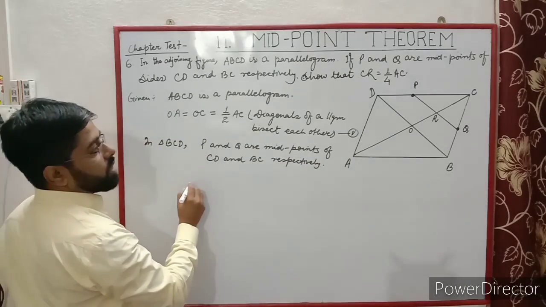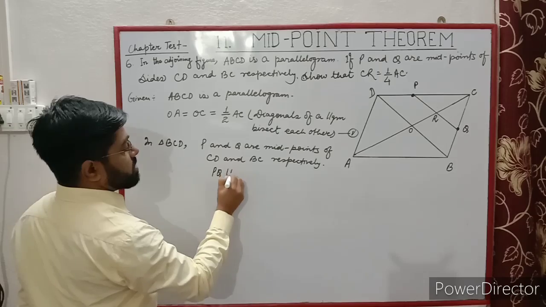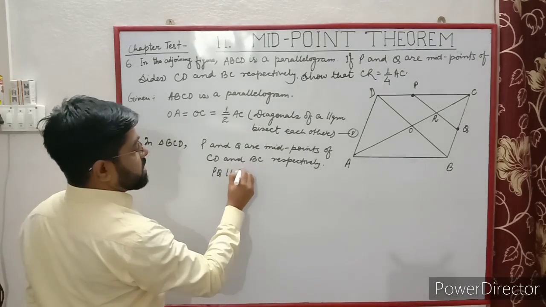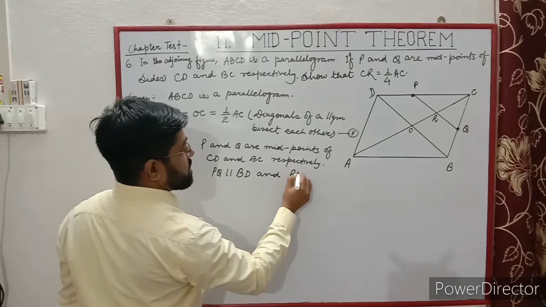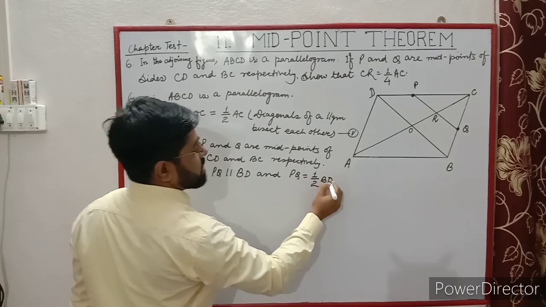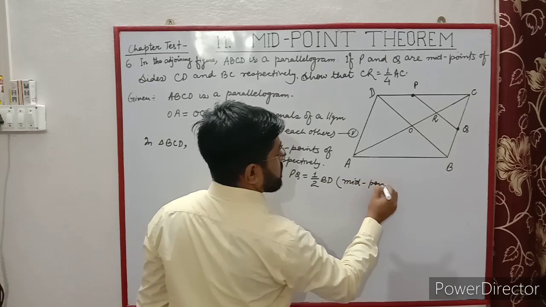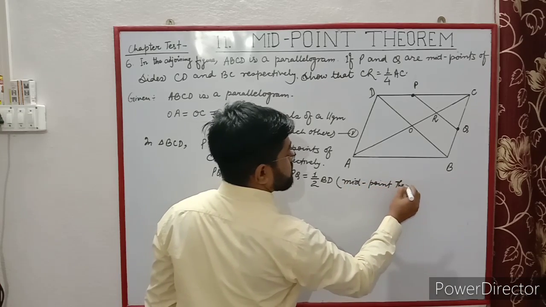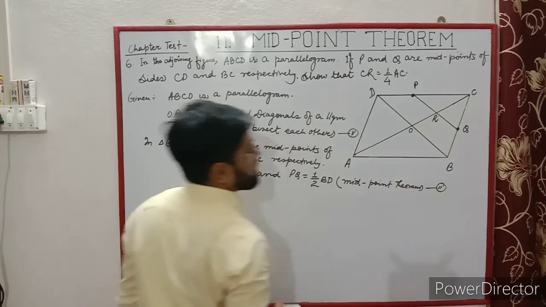Then by midpoint theorem, PQ is parallel to BD and PQ is equal to half of BD by midpoint theorem. Now we assume equation number second.